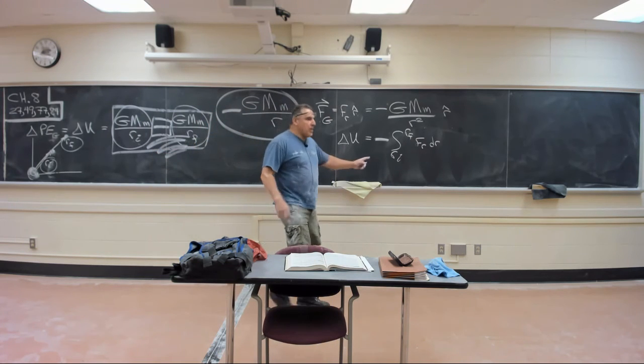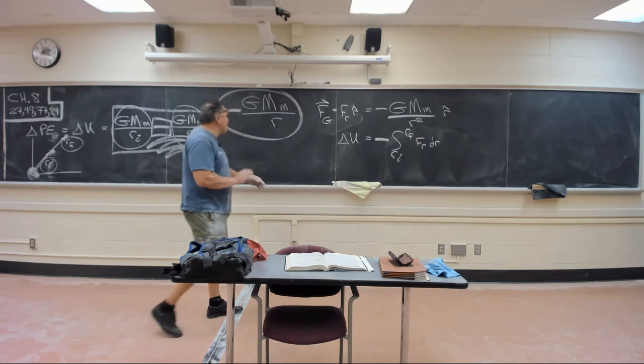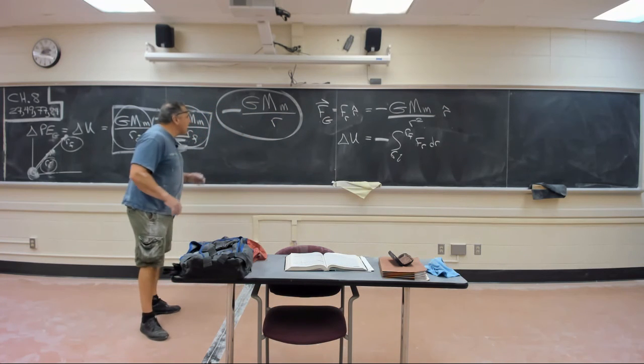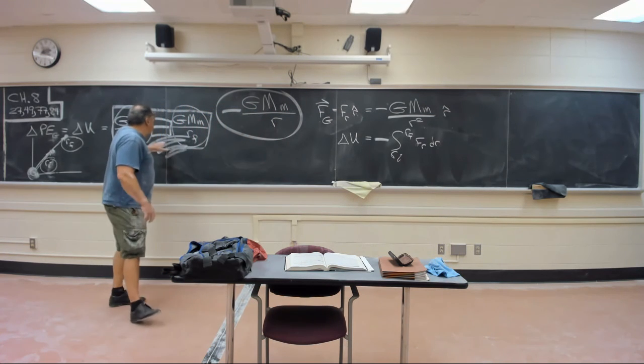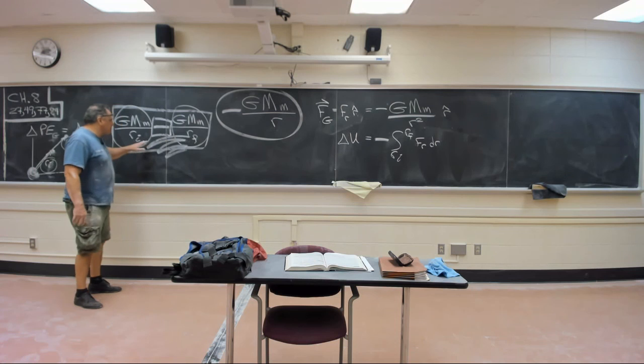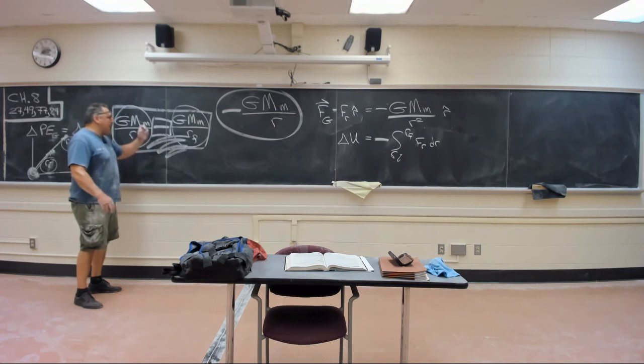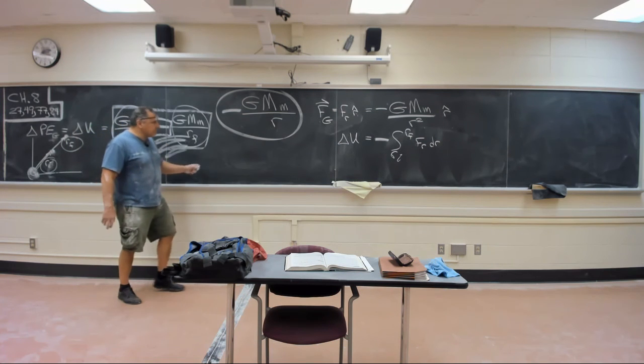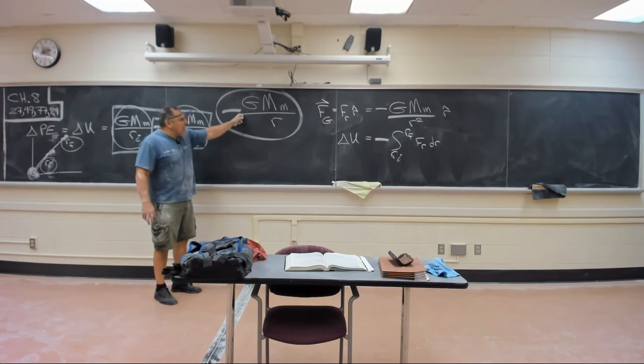So we're getting, well, I erased the other thing, but you saw me kind of do the game we were playing, guys, how we actually got this thing to be the case, and actually we made it be a positive number. For this thing to be an increase in potential energy, a positive number, the potential energy function has to be negative capital G capital M small m over r.